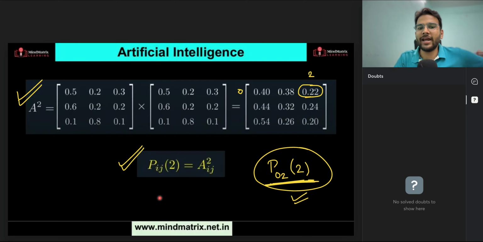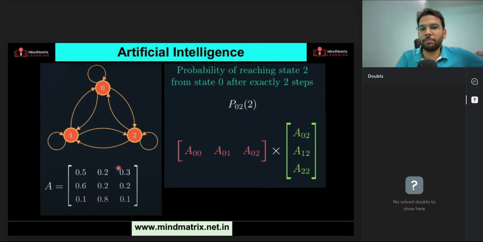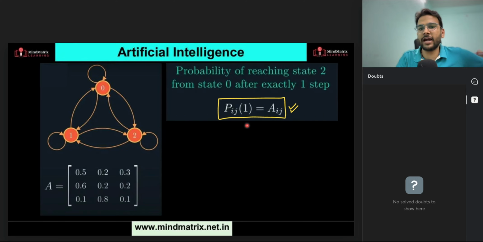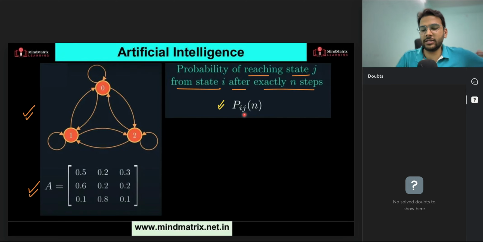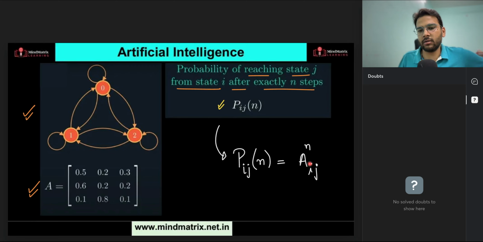Okay. So can I generalize this? Yes, I can generalize. So the first problem statement that we have, which one? This one. After understanding the concept, after observing the pattern, I can say P of ij of n is nothing but A to the power n, ij.